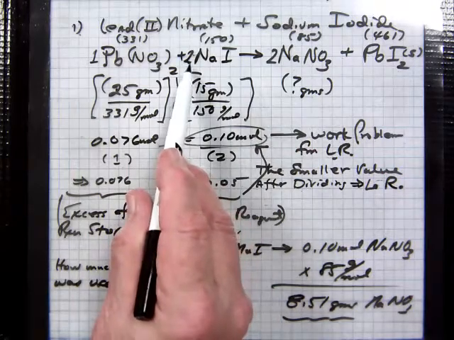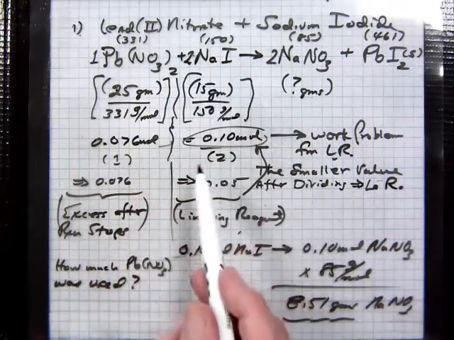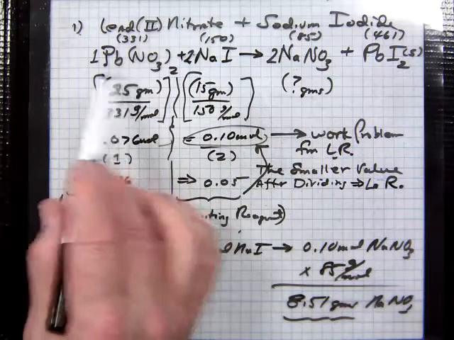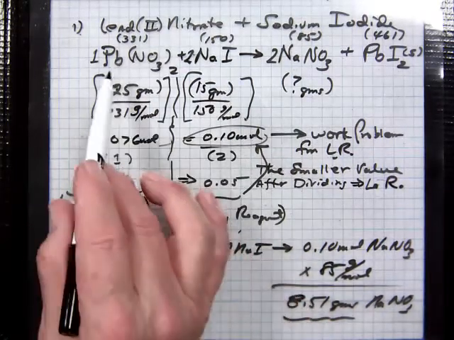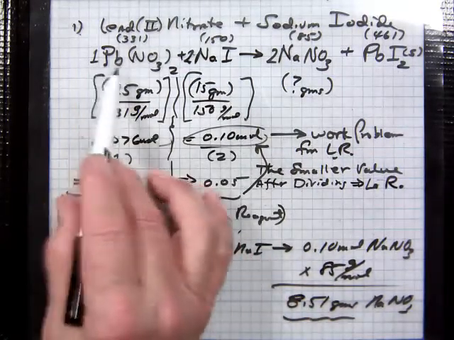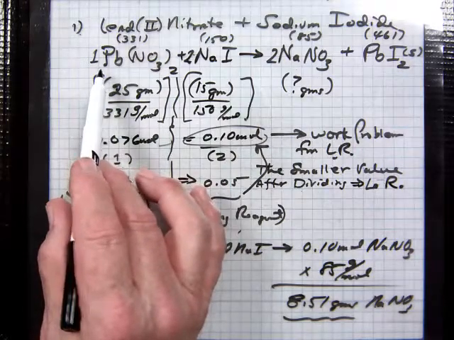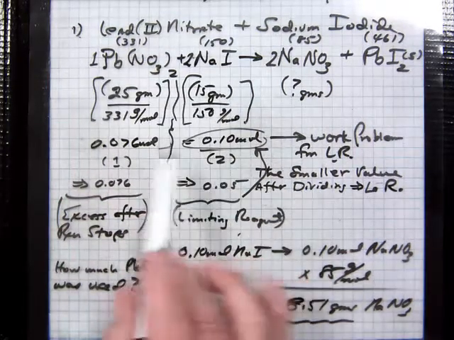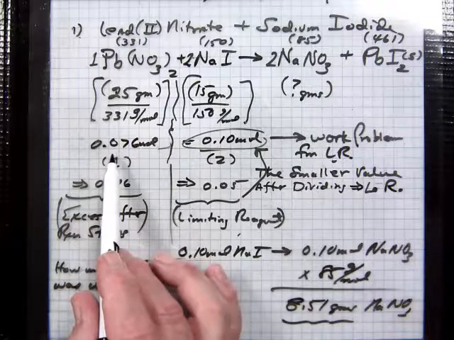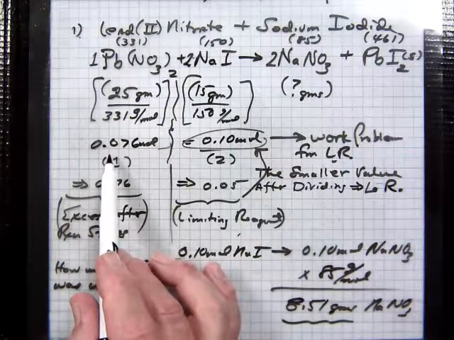If I have a 2 in front of the sodium iodide and a 1 in front of the lead nitrate, then I have to have a smaller number over here, in moles. What I was telling you earlier. So if I have 0.1, then I'm only going to use how much over here? 0.05.